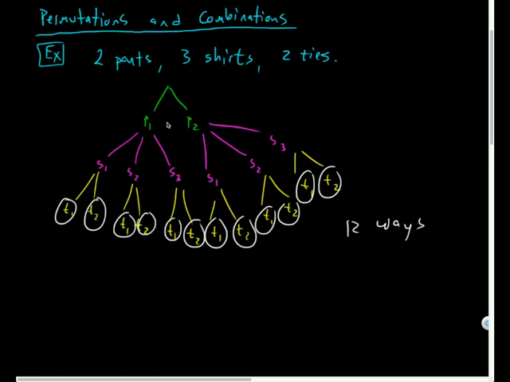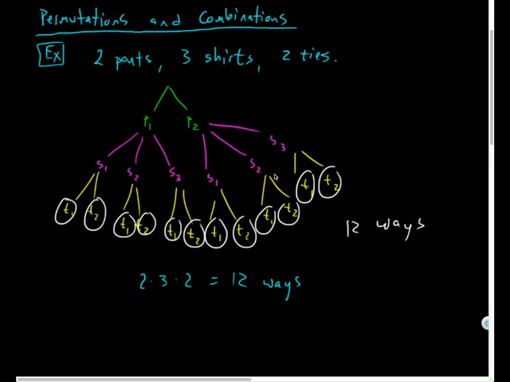And there is a simpler way of doing this, where I could have taken the number of ways each individual event could occur and multiplied them. I could have done 2 times 3 times 2 and gotten 12 ways that way. The reason I could have done this is because these events were independent events of one another, at least in the problem I described, where whether I chose pants pair 1 or 2, it didn't have an effect on which shirt I chose.